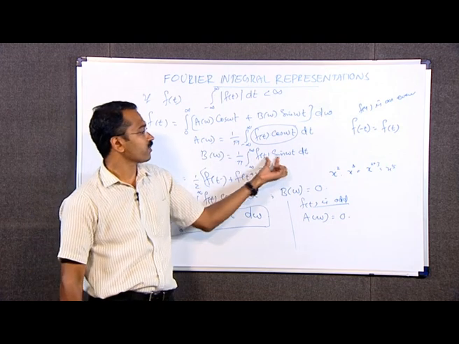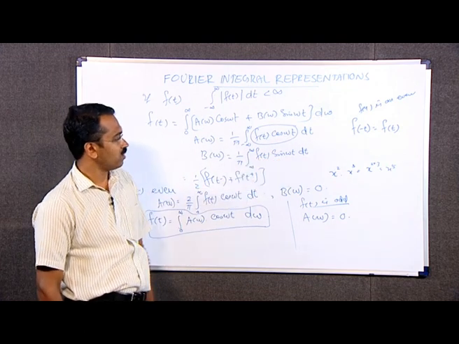This product is an even function if f of t is odd.